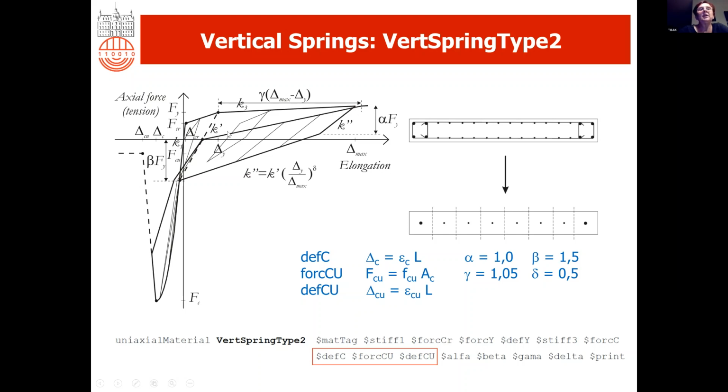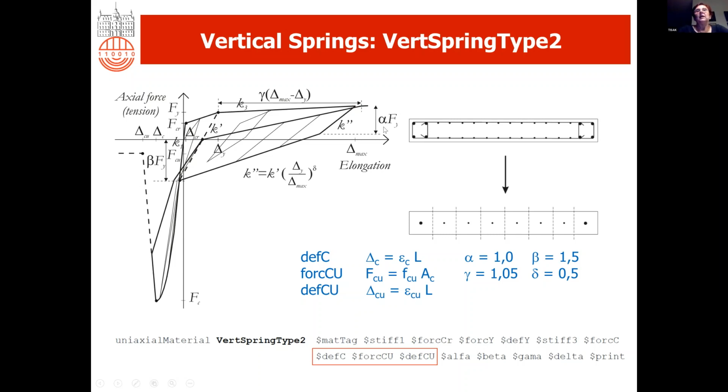If it is 1, then this branch will go to the maximum displacement obtained in the previous cycle. But typically we use a bit larger value. This was observed in the experiment. These values are typically used for the analysis, but can be changed. And delta defines this second stiffness regarding this one, the push.